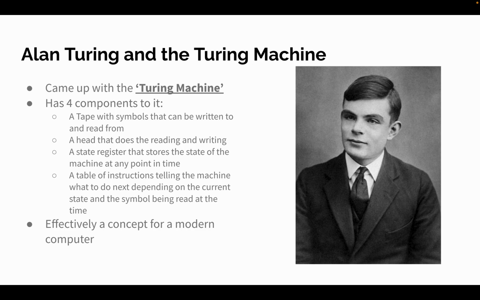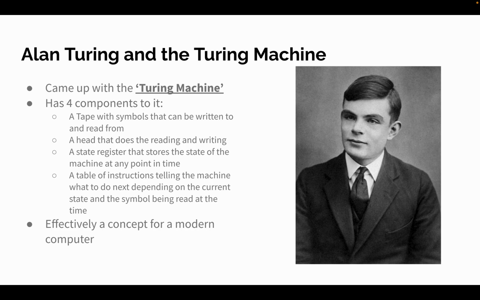Then we have Alan Turing. Everyone's heard of him. He came up with the idea of the Turing machine. Okay, and this is a very important concept in computing, especially on the Leaving Cert course. There's 4 components to it. So you have a tape with symbols that can be written to and read from.